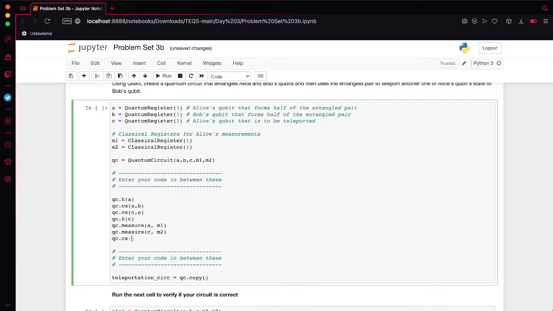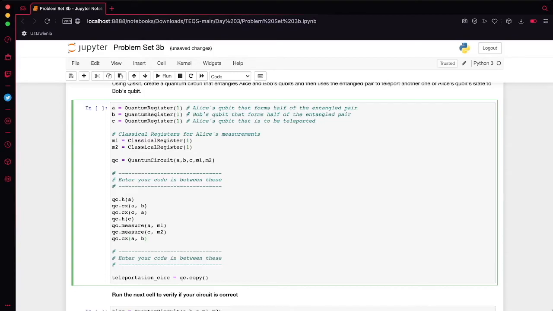I mean, we can just apply CX with control at A and target at B, right? So if A is 0, it does nothing, and if it is 1, it bit flips B, so it applies X, right?